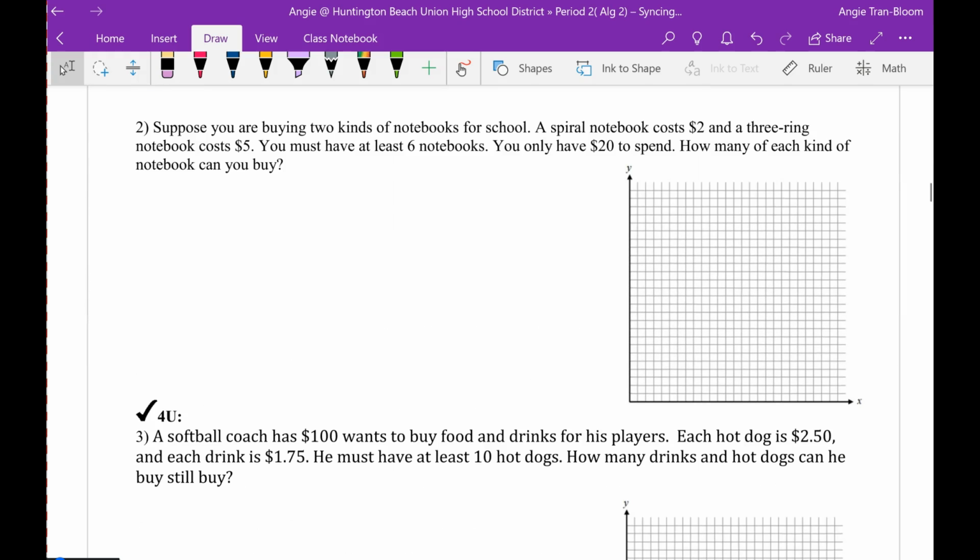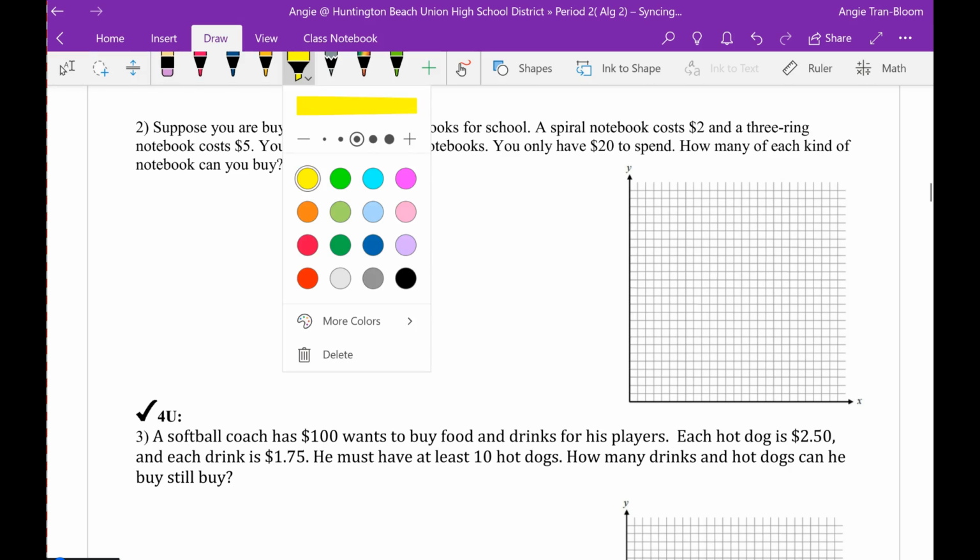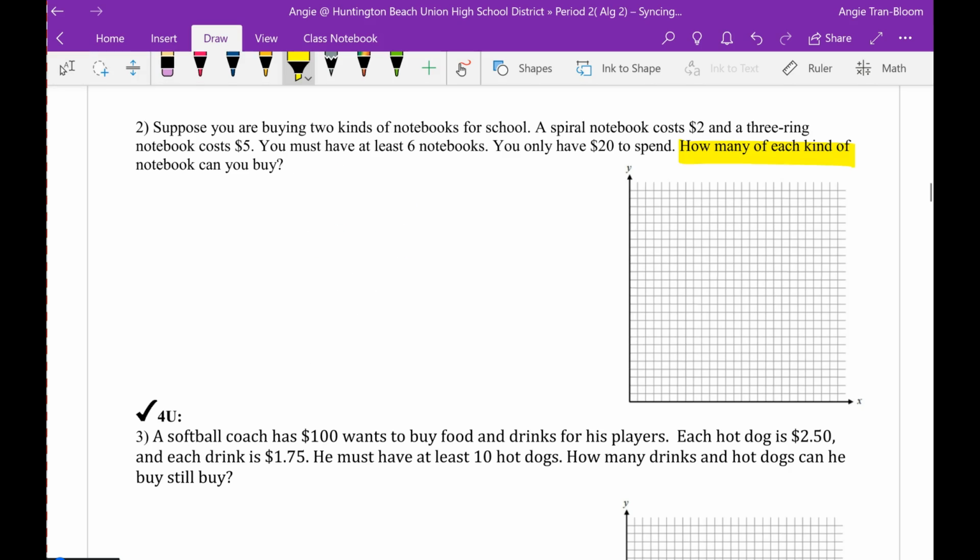Can you help me read number 2, Brandon C? You are buying notebooks for school. The spiral notebook costs $2 and the 3-ring notebook costs $5. You must have at least 6 notebooks. You have $20 to spend. How many of each kind of notebook would you buy? Thank you, Brandon. Let's highlight the question, because if we highlight the question, then we know what to use for what variable.